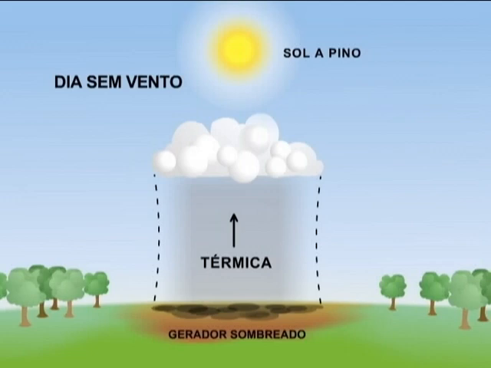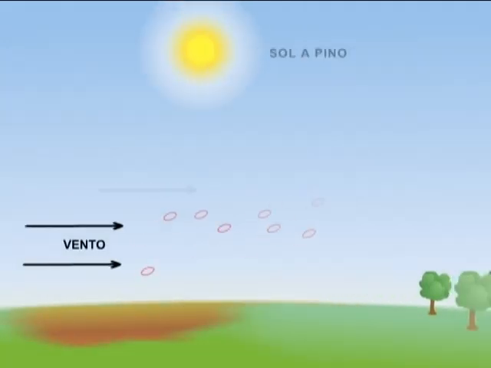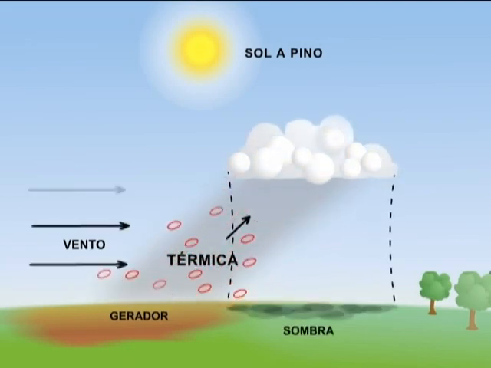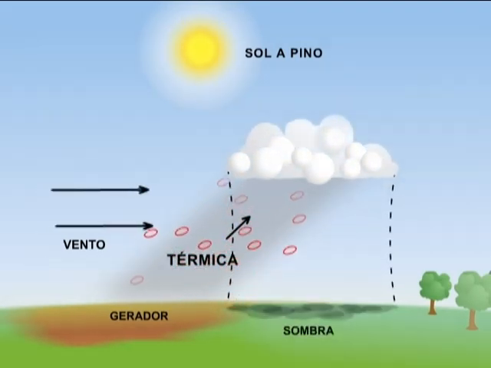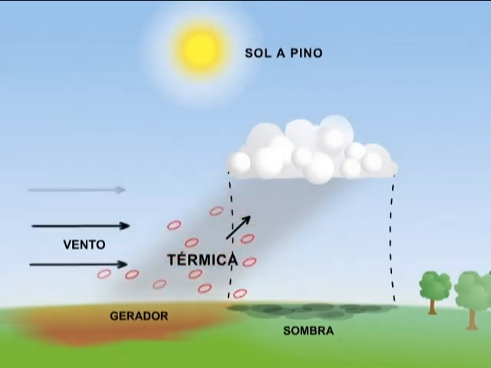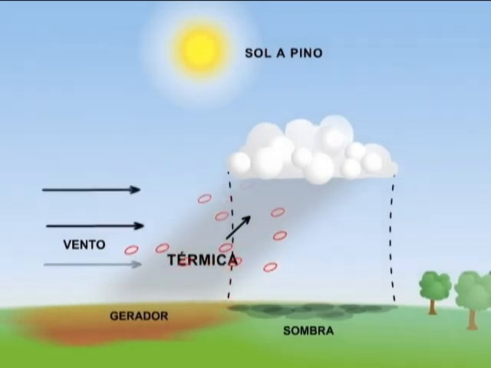In another situation, we have a cumulus and the sun is straight up, but it is a windy day. We know that on windy days, thermals drift. That is, the cumulus is not going to be formed exactly over the region that generated it. There's going to be this drift.